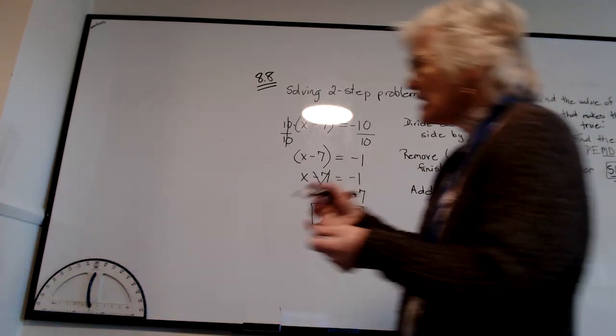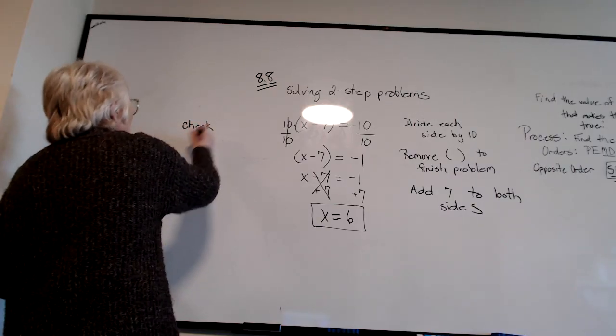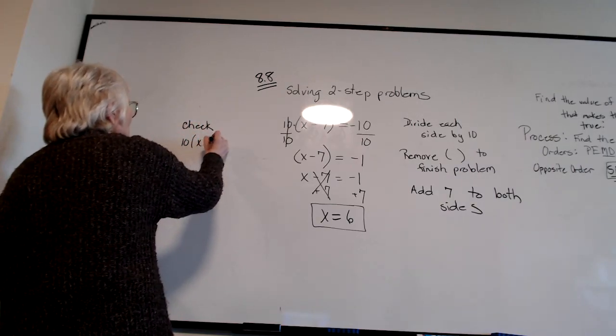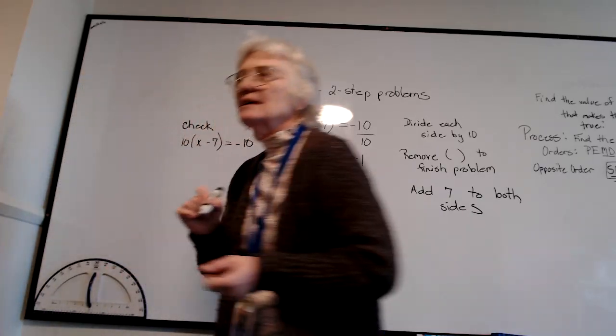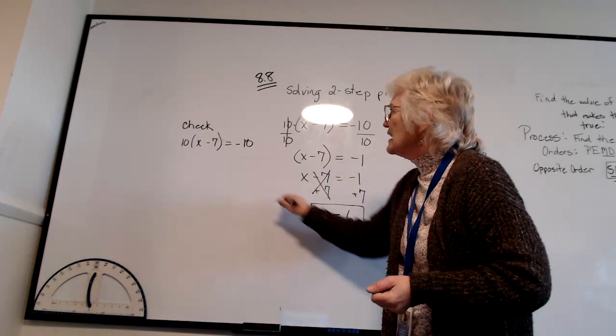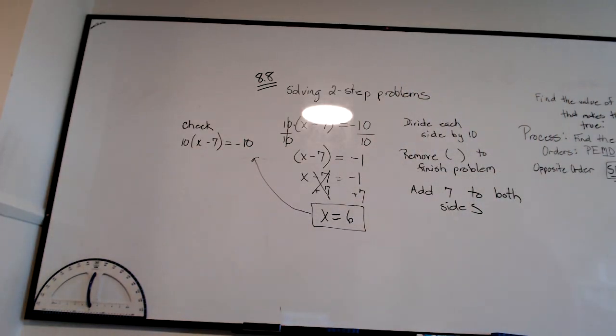We want to check it, so we're going to go up here and check it. It was 10 times x minus 7 equals negative 10. We just found that x was 6, so where x is, we're going to put a 6.